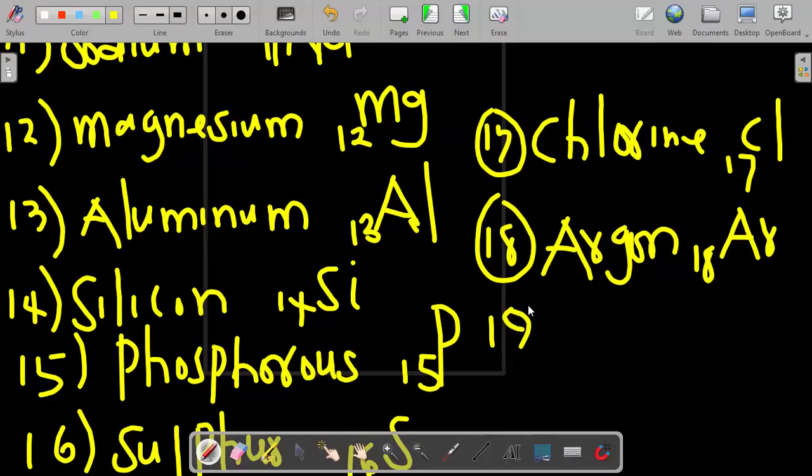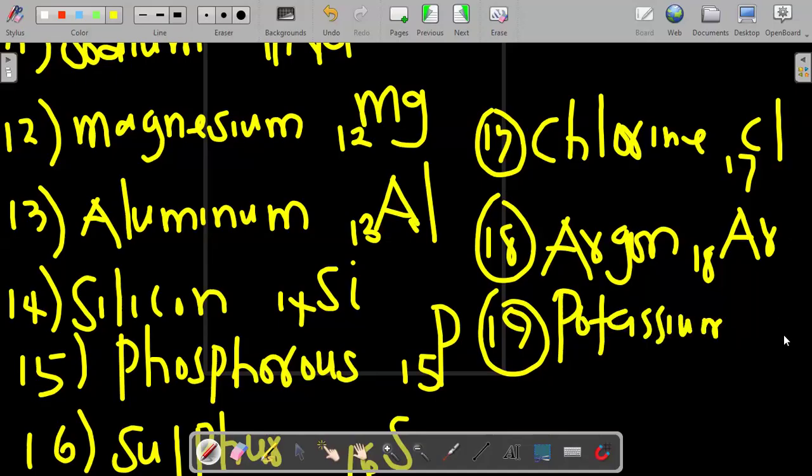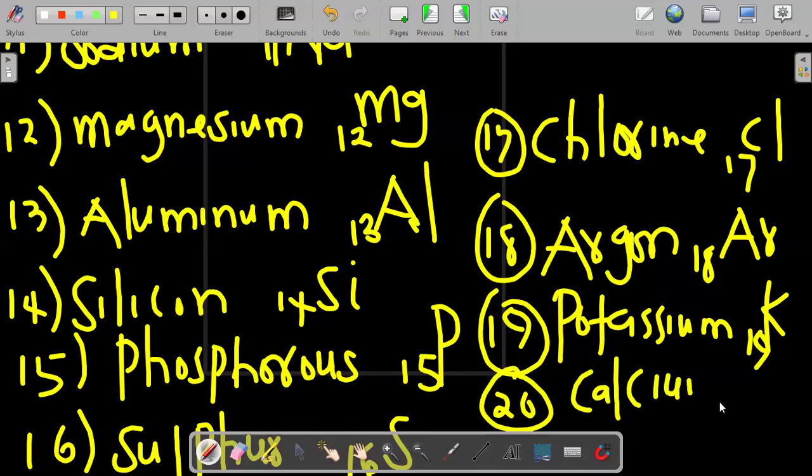Number 19, we have potassium, which is K19. Number 20, we have calcium, which is Ca20.